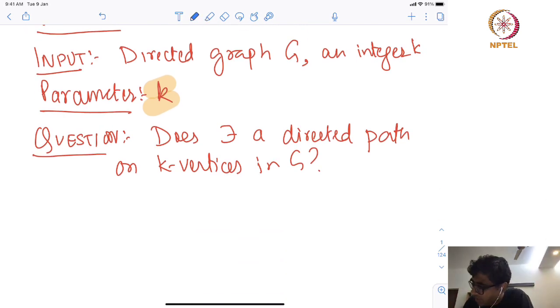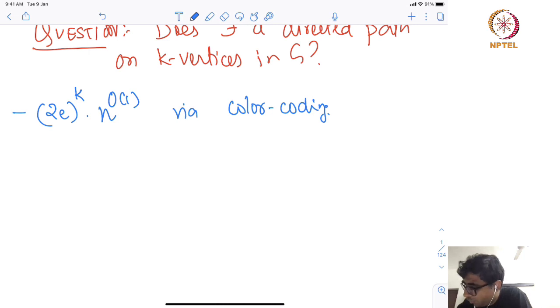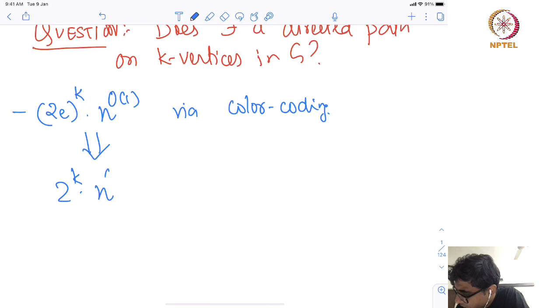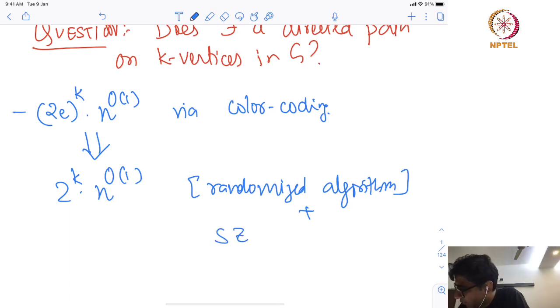Up until now you have seen an algorithm with running time 2^O(k) n^O(1) via color coding for this. So, in this lecture, we will try to outline a randomized algorithm, of course, with a much more efficient running time, and of course, we will apply the Schwartz Zippel lemma.